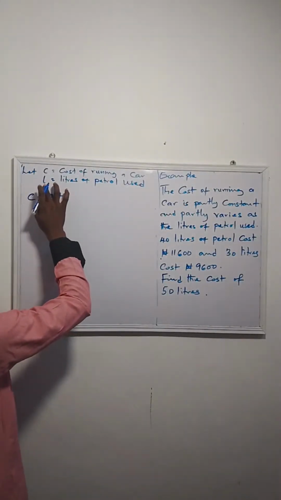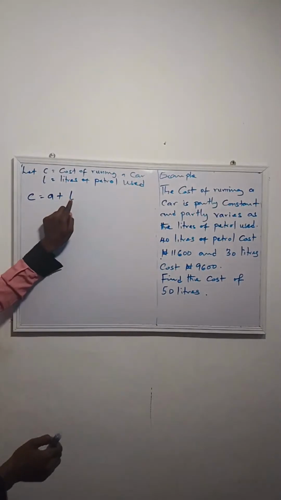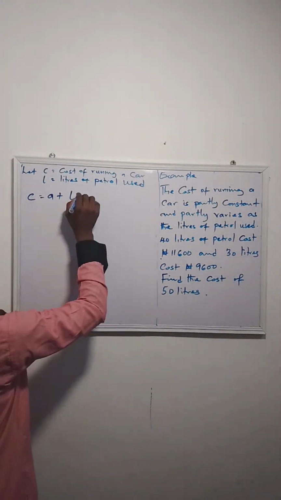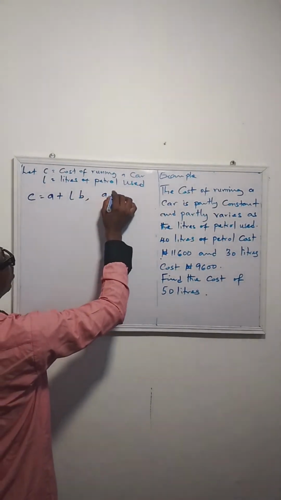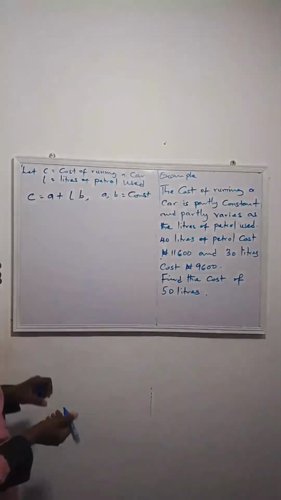Now the liter is L, so this is a variable. Once we write a variable, we introduce a proportionality constant. Now let's call the second constant B. So where A, B are constants.